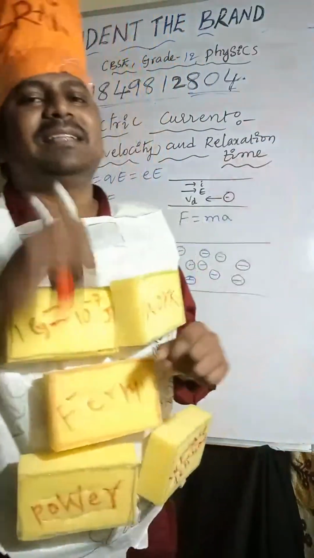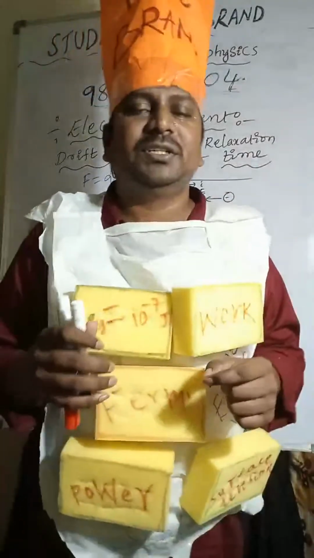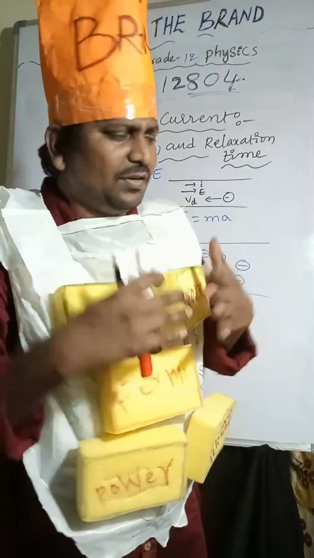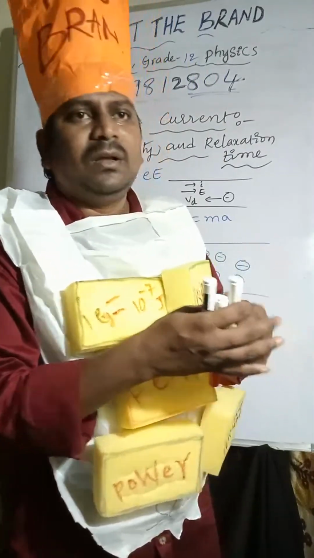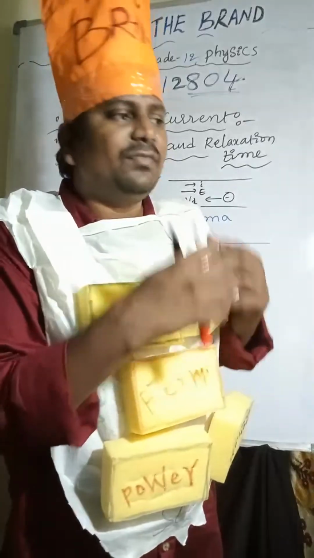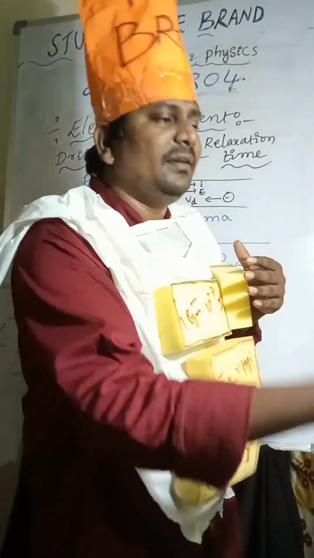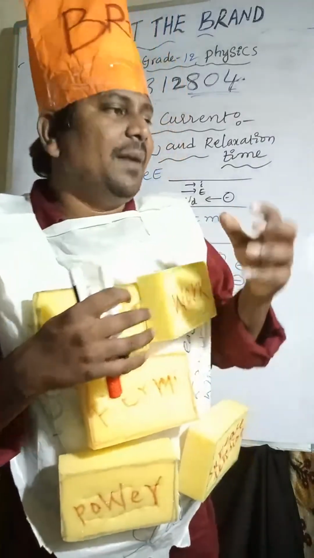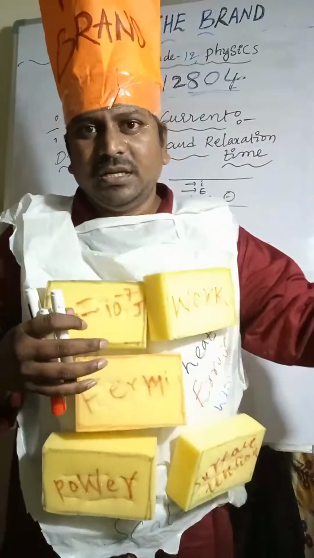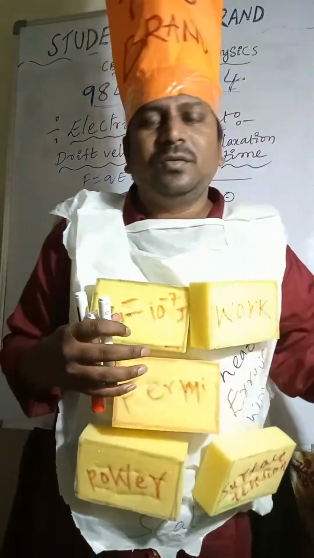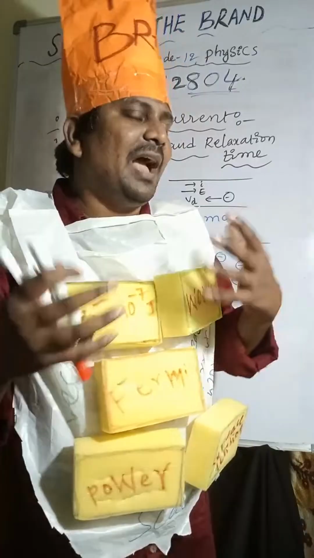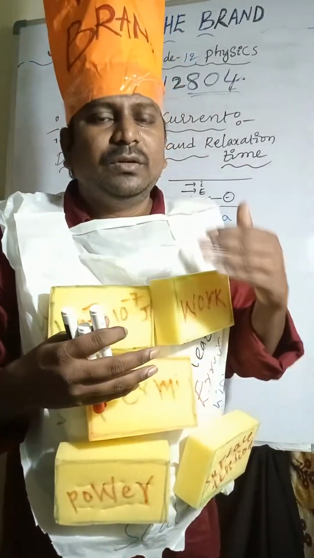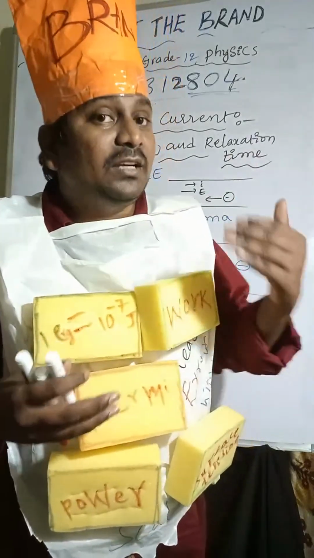And one more thing, relaxation time. What is relaxation time? Normally, after one collision, an electron goes to another electron and hits it. The time gap between one collision and another collision, the average time between two successive collisions.